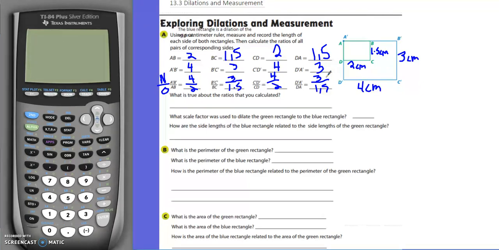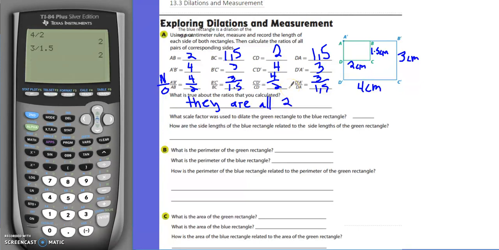Well, if you divide all of these out, you're going to have 4 divided by 2, you get 2. If you do 3 divided by 1.5, you're going to get 2. So they're all 2. They're all the same. They are all 2.